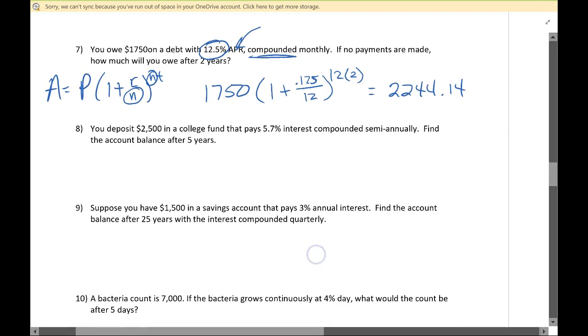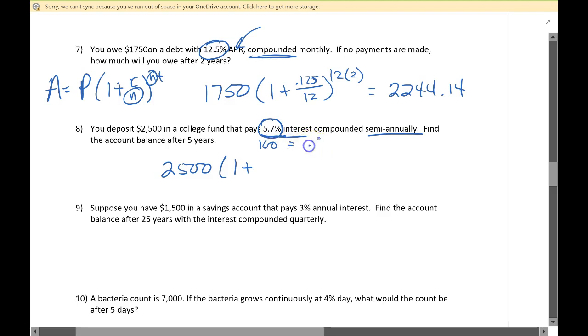All right. Number 8, you have a $2,500 college fund, and it's paying 5% interest compounded semi-annually. Semi-annually means twice a year. So we have 1 plus, and again, our R has to be a decimal, so you have to divide that by 100.